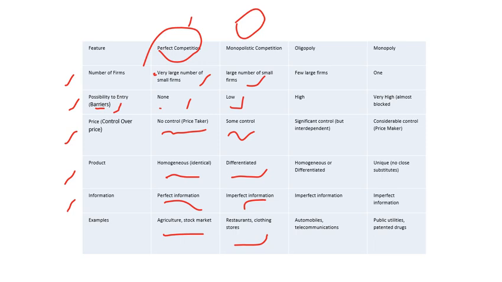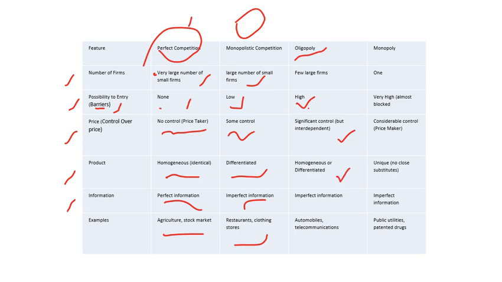The third market is oligopoly. In this market we find few but large firms. The possibility to enter is hard, so barriers are high here. They have significant control but are interdependent, which means a firm's decisions depend on the others' decisions or actions.